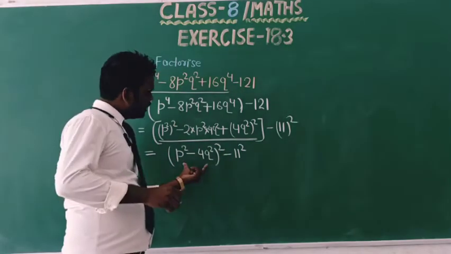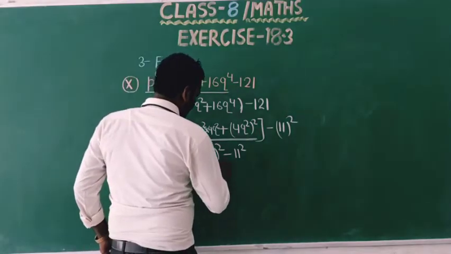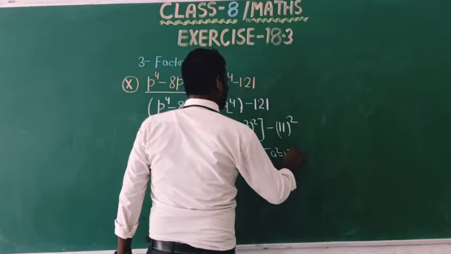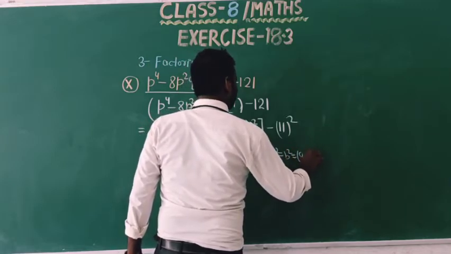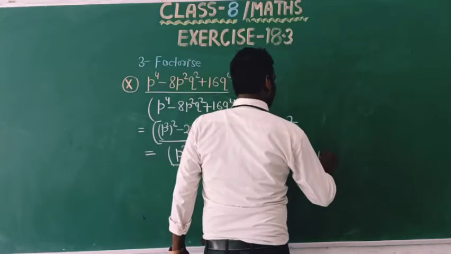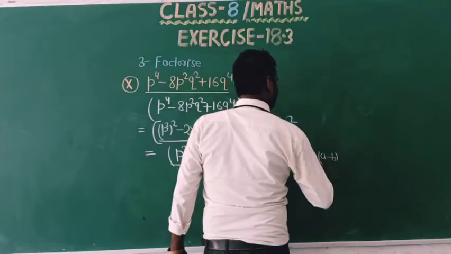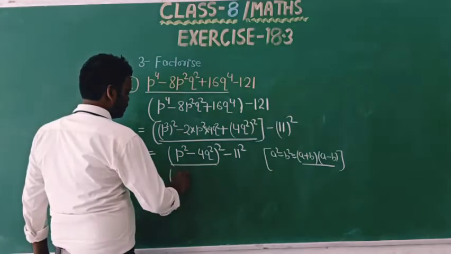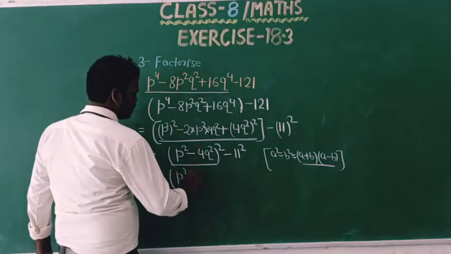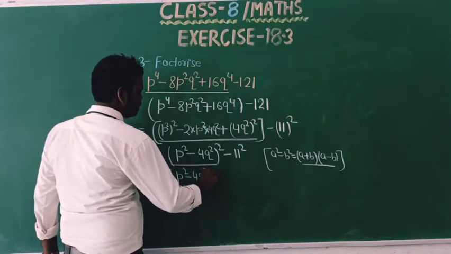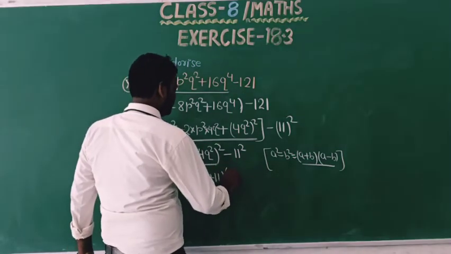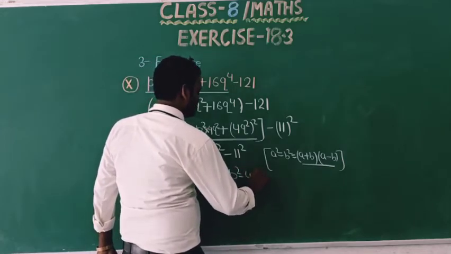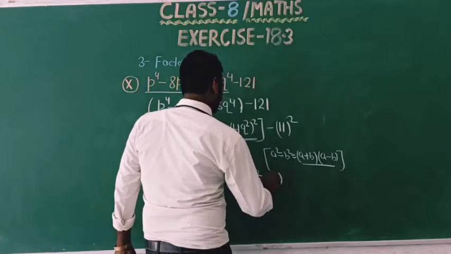And now over here using the identity a square minus b square, which is equal to, in one bracket a plus b and the other bracket a minus b, this becomes in one bracket p square minus 4q square plus 11, and in the second bracket p square minus 4q square minus 11.